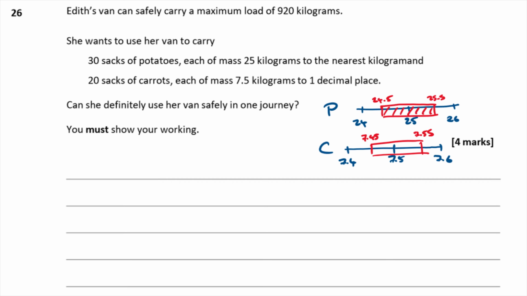Okay, now we want to know if she can definitely use her van. So what we want to consider is the worst case scenario then. We want to try and make the van as heavy as it's going to get using the bounds here. So my total weight is going to be my 30 sacks of potatoes, I'm just going to call that 30p, and then my 20 sacks of carrots.